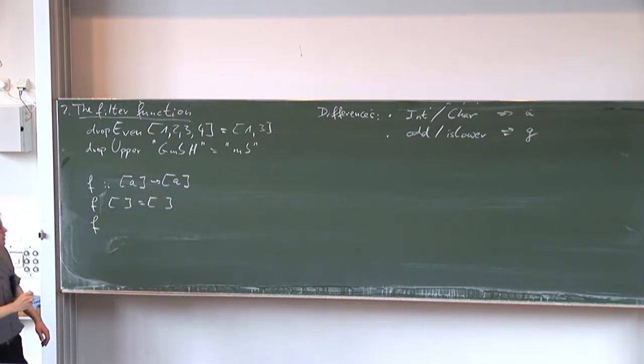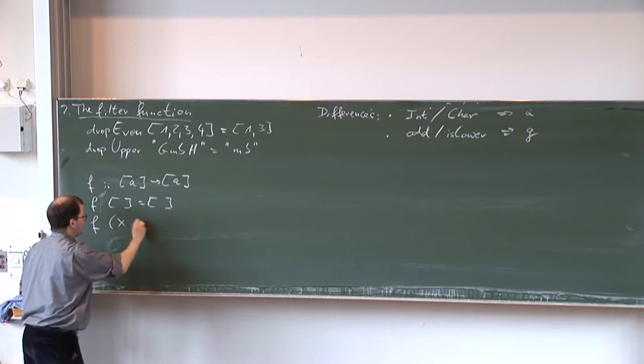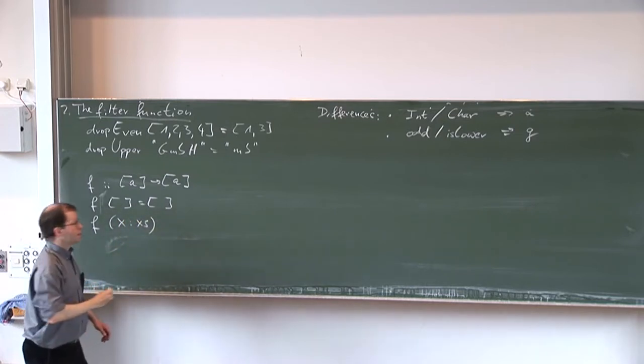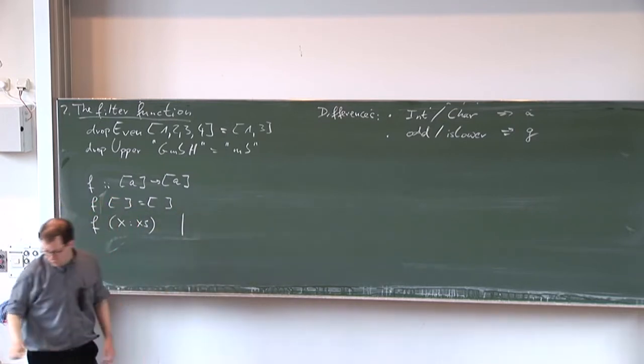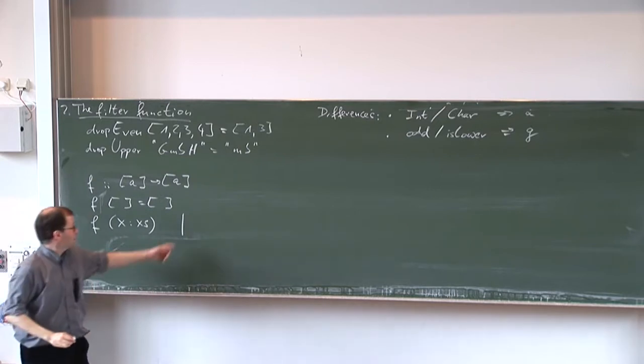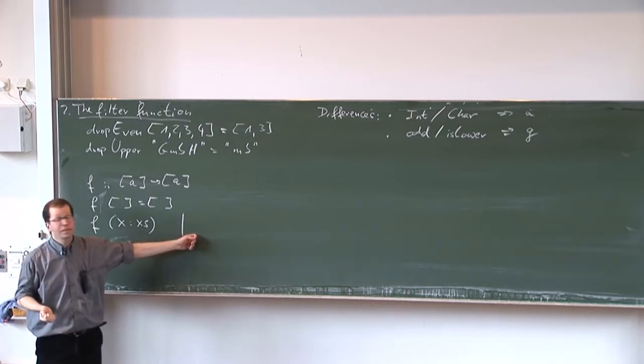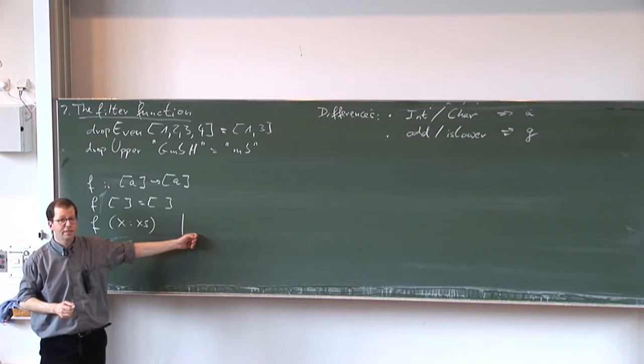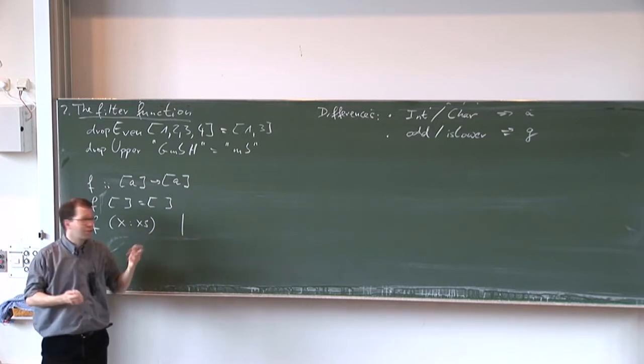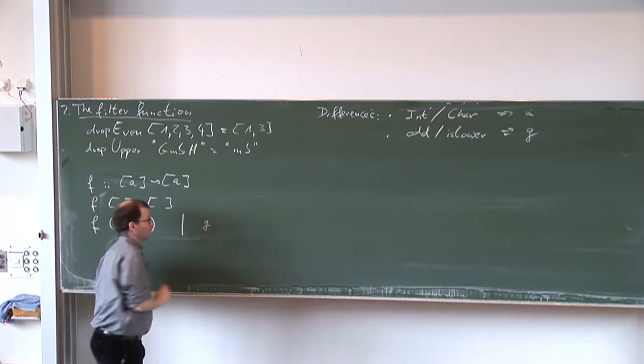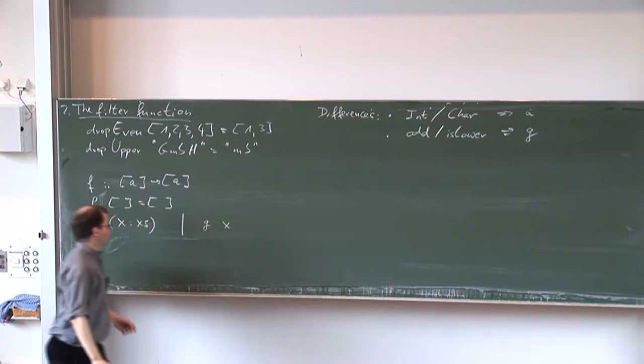And if you give it a non-empty list, then we check whether this condition is satisfied or not. Now, this condition is odd in the first case, and it is isLower in the second case. So in general, this condition is some function g, which is applied to the first argument.